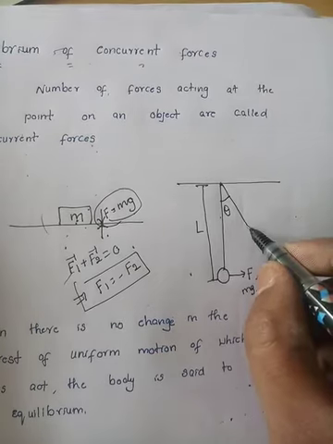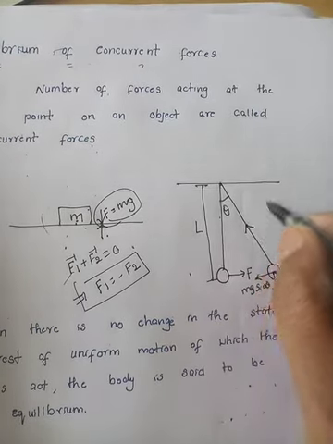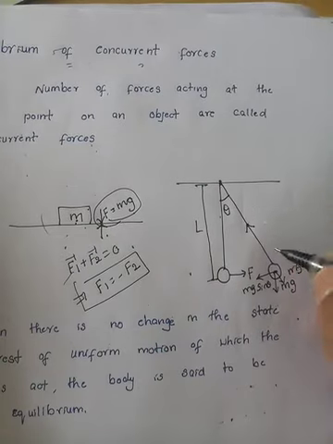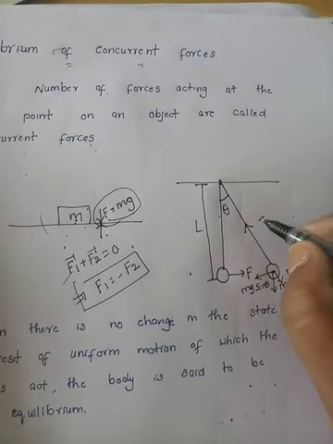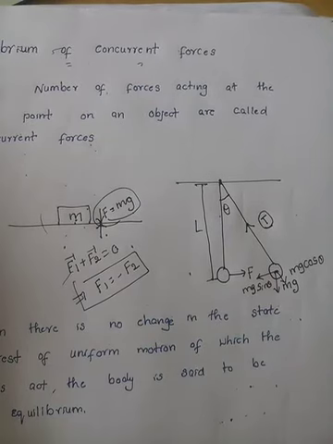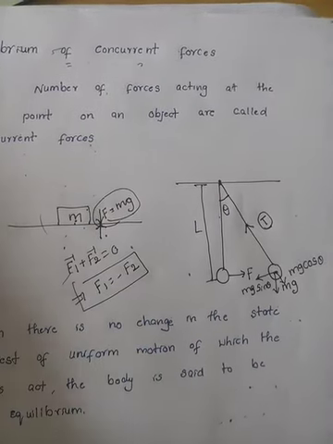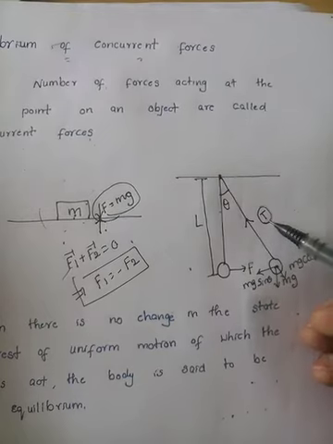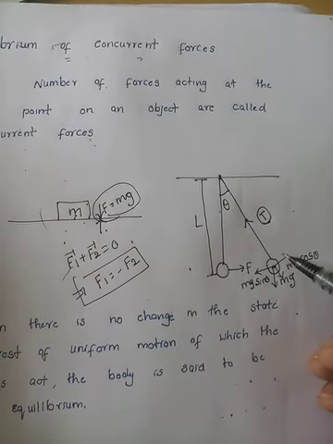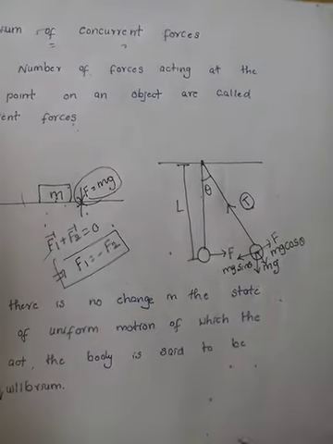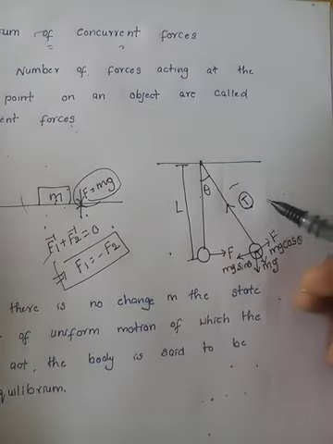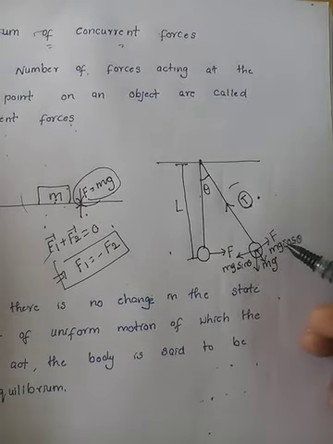And tension: when you fix it to a fixed end, a force is developed inside the string, which is called the tensional force. Tension acts upwards. Now, how many forces are acting here? Tension, the weight, and the external force.